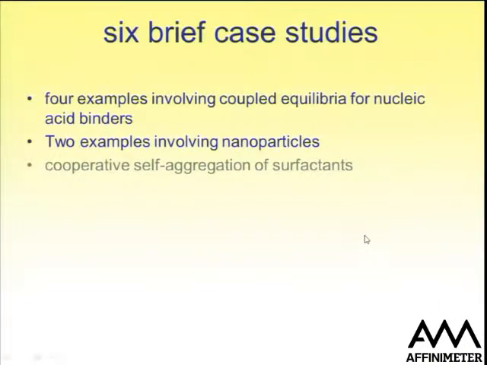We're going to have a look at 6 very brief case studies. I'm leaving one case study out, which is the cooperative self-aggregation of surfactants, because I suspect that the next speaker is going to address that particular problem. So we'll look at 4 examples involving coupled equilibria for nucleic acid binders, and 2 examples involving nanoparticles as well.